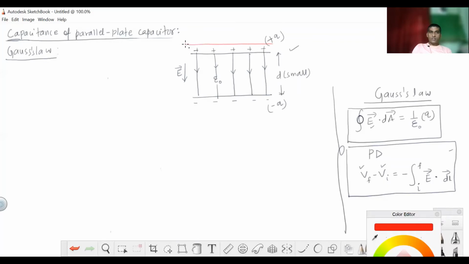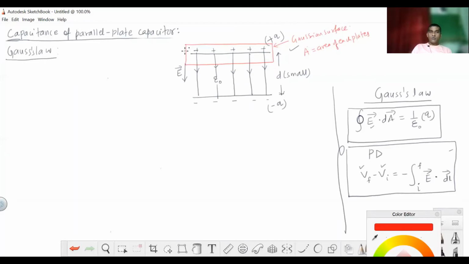So this is a Gaussian surface, and it encloses all the charges on this plate. Let us assume the area of each plate is A, that is capital A.